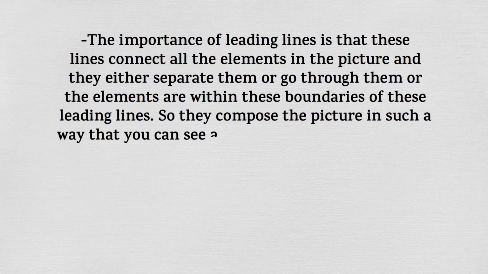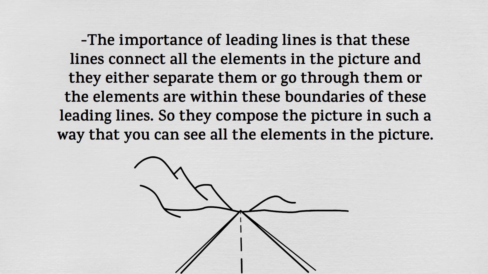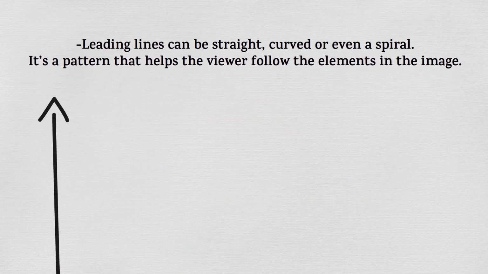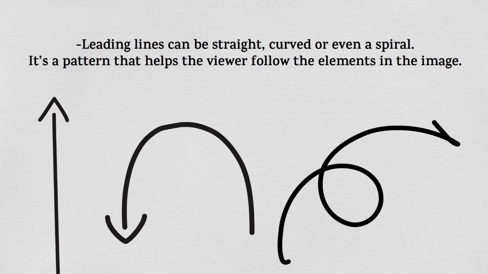So they actually compose the picture in such a way that you can see all the elements in the picture. The leading lines need not be straight, they can be curved, or even a spiral staircase can be a leading line. It is just a pattern that helps the viewer follow all the elements in the image.